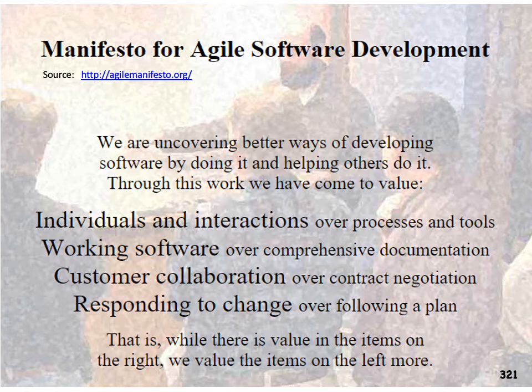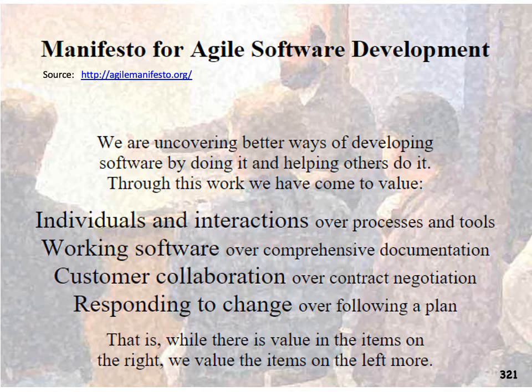By now, most of you should be familiar with the Manifesto for Agile Software Development. If you're going to be taking the certification exams, make sure you memorize these so that you have it down pat. Basically they're uncovering better ways of developing software.